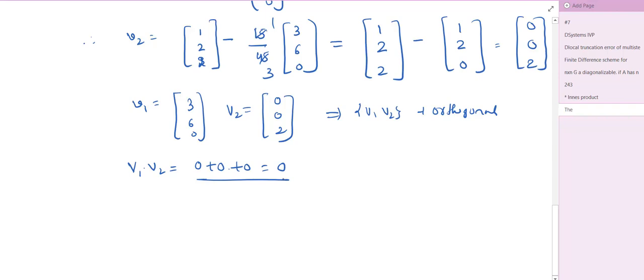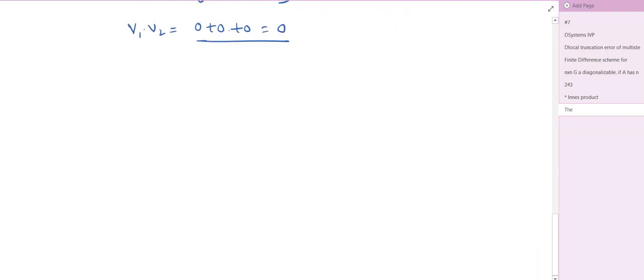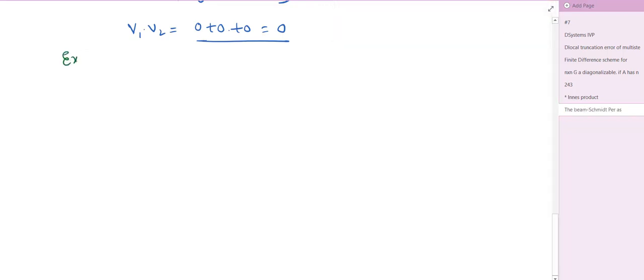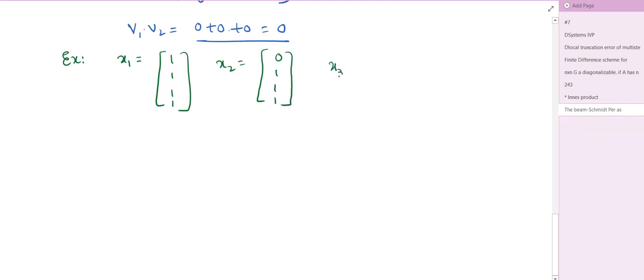So let us take another example where we consider now 3 vectors instead of the 4. Let me take x1 as 1, 1, 1, 1 and x2 as 0, 1, 1, 1 and x3 we take it as 0, 0, 1, 1.